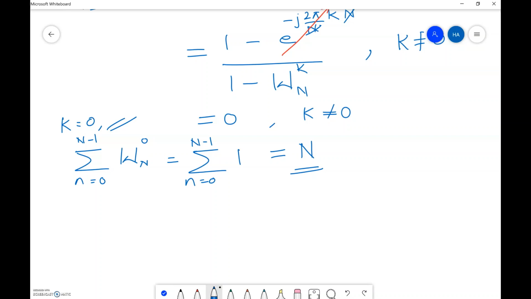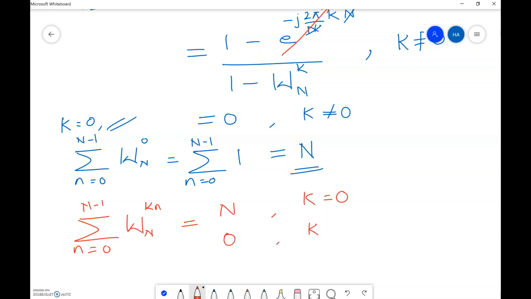Right? So what is the value of the summation which we have evaluated? The summation of W_N to the power kn is equal to N when k is equal to 0, and it is equal to 0 when k is not equal to 0.